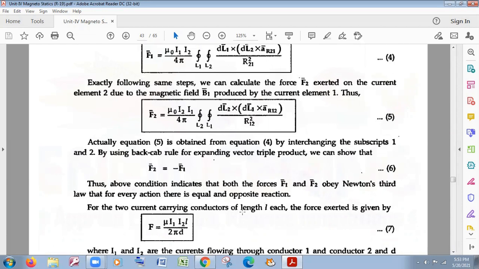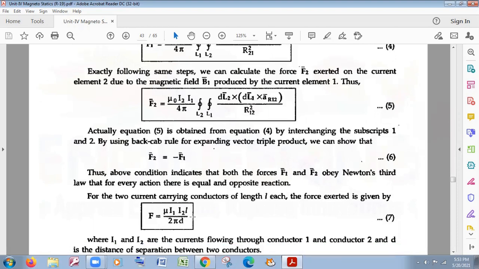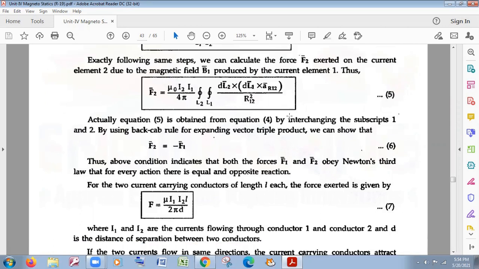For two current carrying conductors of length L each, the force exerted is given by F is equal to mu I1 I2 by 4 pi into the distance, which we can write as 2L by D. The distance D is the same, and the 2 cancels.